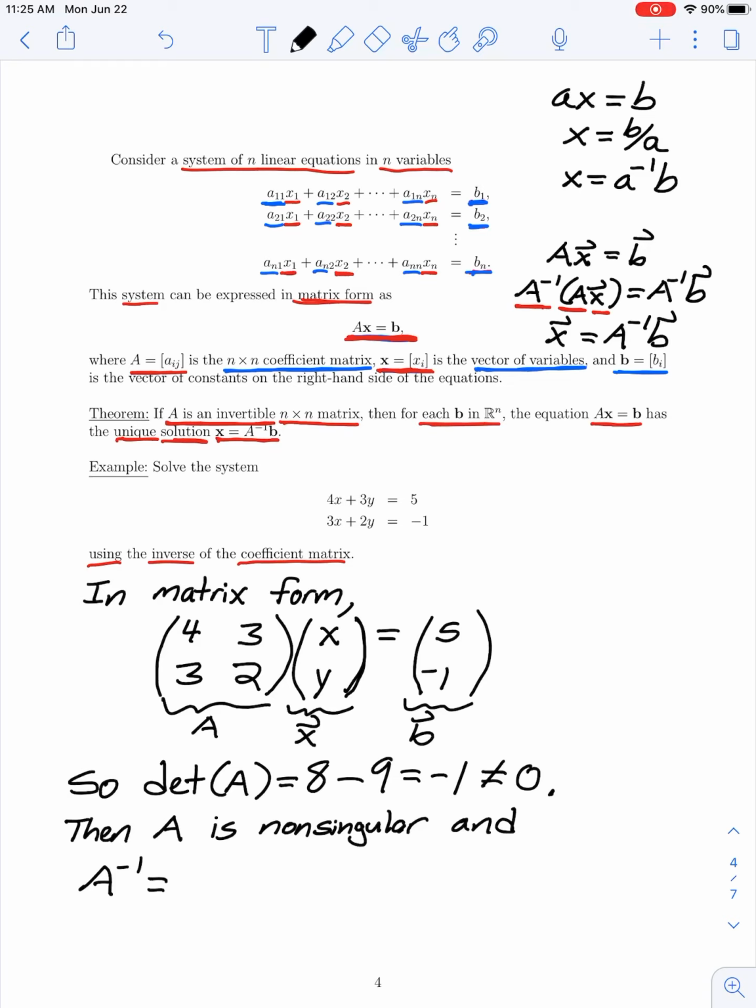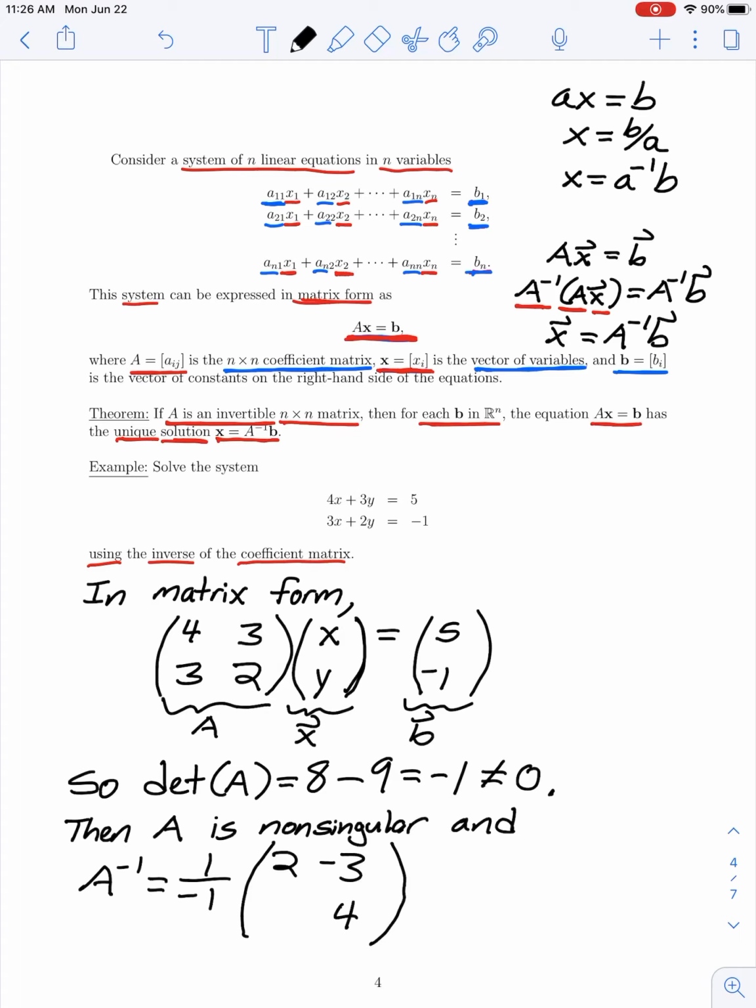So here, recall the formula for A inverse. We start by taking 1 over our determinant, so 1 divided by -1, or just -1, times the 2 by 2 matrix that we get by interchanging the diagonal entries of A. So we have 2 and 4 for our diagonal entries. And the off diagonals, we change the sign of.